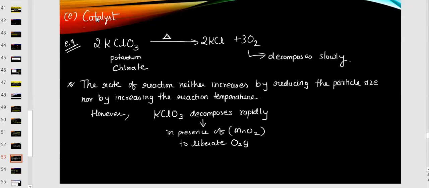oxygen gas. Okay, in presence of manganese dioxide, this is a catalyst. We are going to use manganese dioxide as a catalyst to liberate oxygen gas. And when you do this, there is no chemical change taking place in this reaction. It is only helping to decompose KClO3 rapidly.